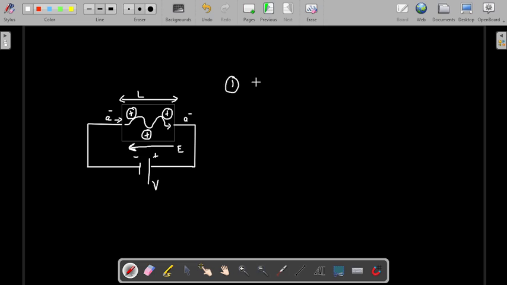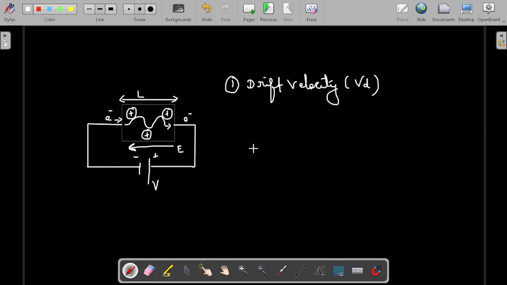The first parameter in semiconductors we are going to define is the drift velocity. The notation is v_d or nu_d.